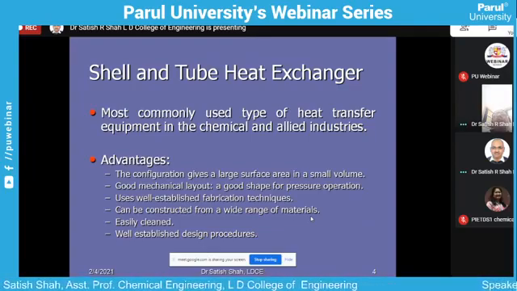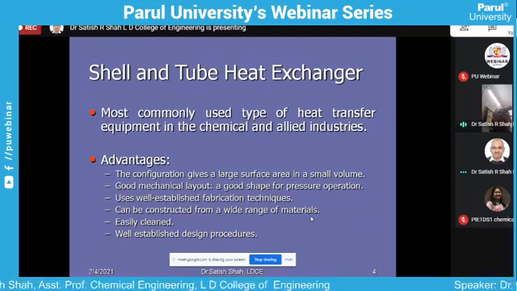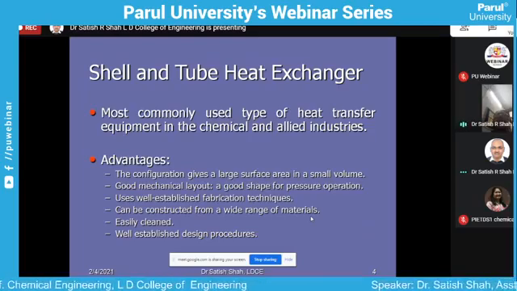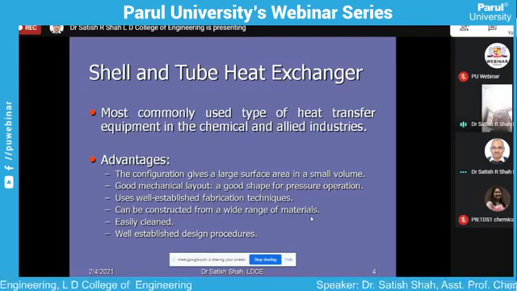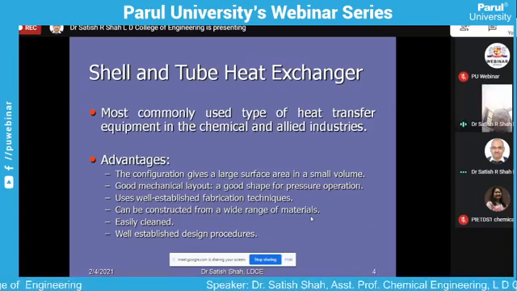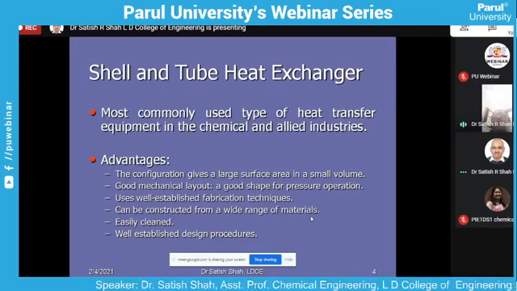It uses well-established fabrication techniques. This is very important because once you design the equipment, if fabrication is not proper, then it will not work properly, because safety is also very important. It can be constructed from a wide range of materials, because ultimately our chemical industry is a corrosive industry, and you have to select the material accordingly as far as corrosion is concerned.